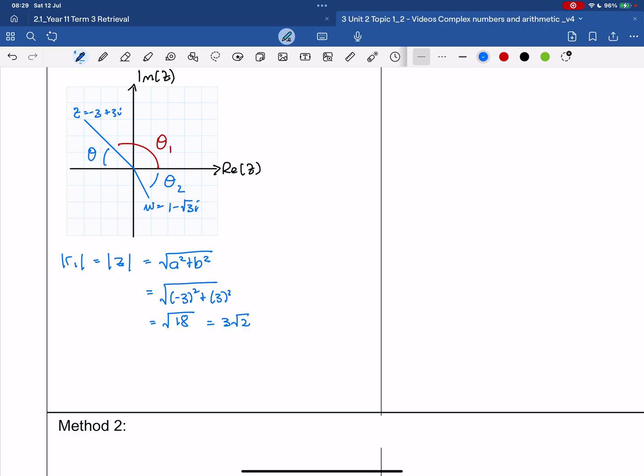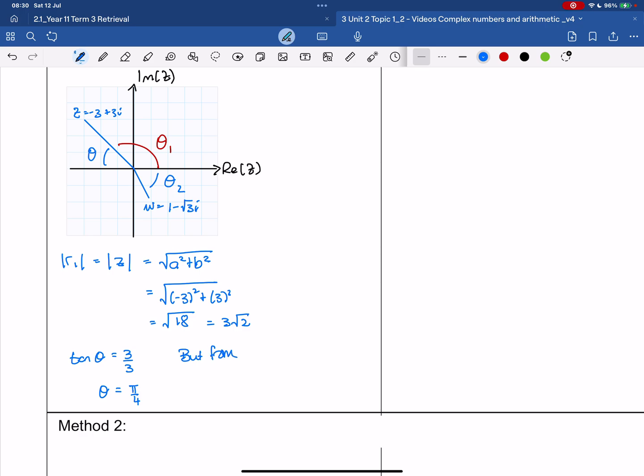Okay, now we're going to need to find our principal argument, and we're going to use tan of theta to get our argument of Z. So tan of theta is going to be 3 over 3, and that's just going to be 1, so theta is pi on 4.